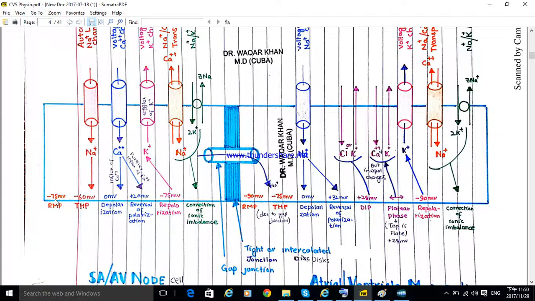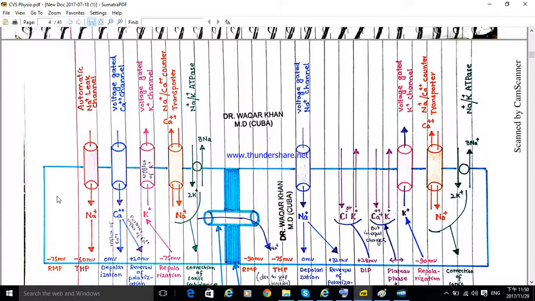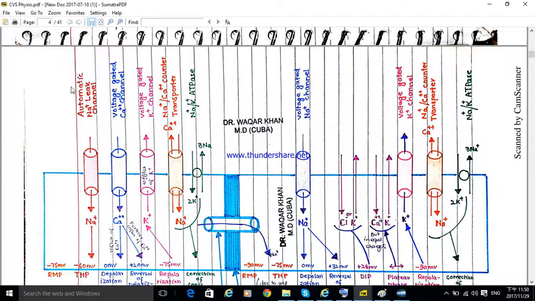Now when it is at resting membrane potential, there will be an automatic sodium leak channel, and at this point there will be automatic leakage of sodium into the cell.